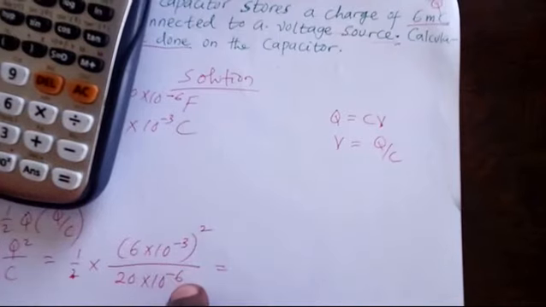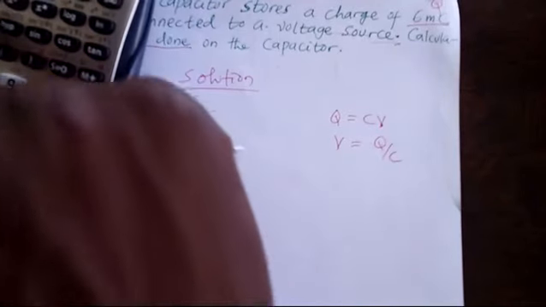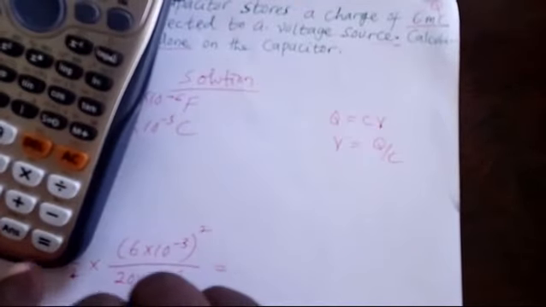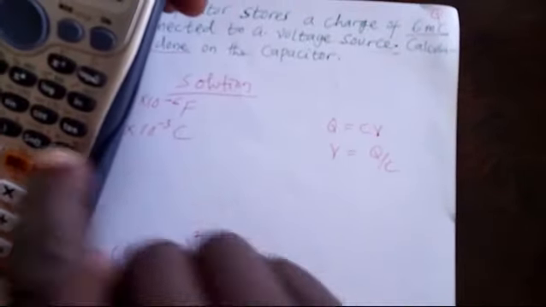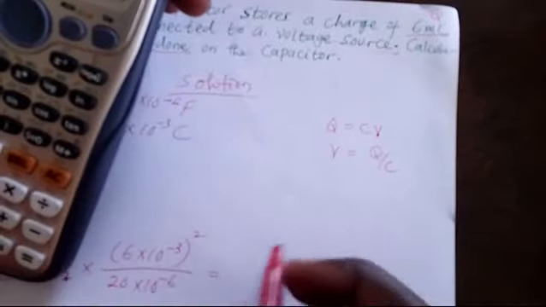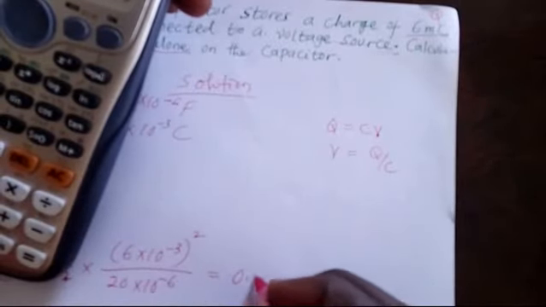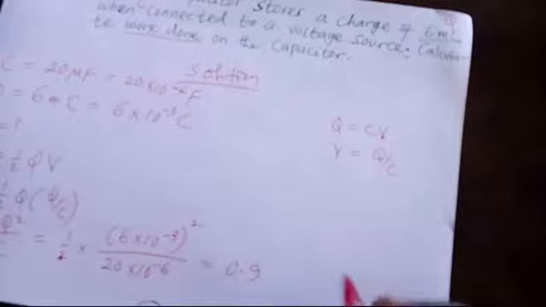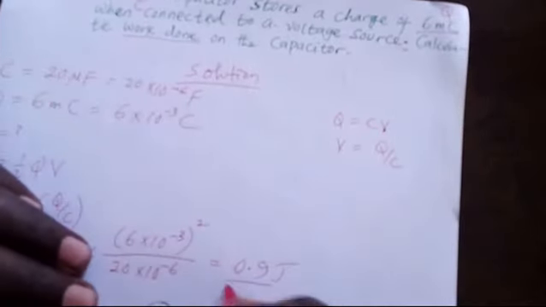Close bracket. This time I don't have a square, so I press this and then the SD. This will give me 0.9. This is 0.9 joule.